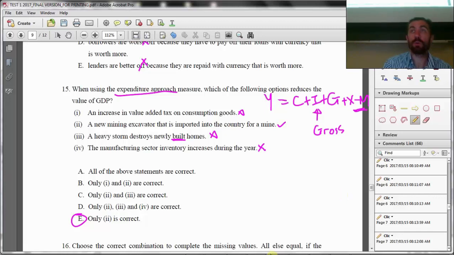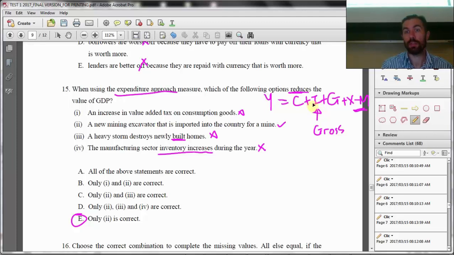Option 4. You want me to repeat in question 15, option 4, why it's incorrect? Okay. So the question is asking, when you're using this expenditure approach, which of these options reduces the value of GDP, right? An increase in inventory would be part of the measure of investment.